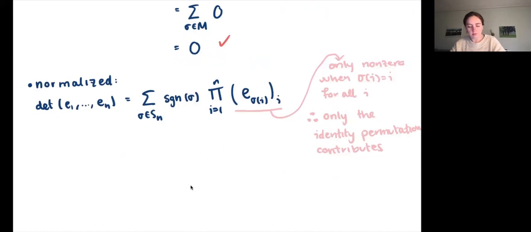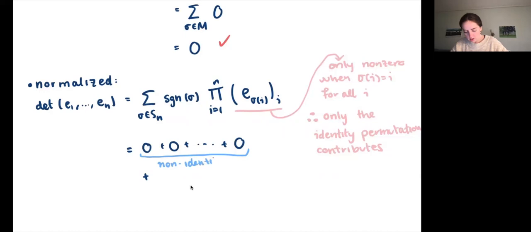So let's see. Most of the terms are zero, since these are all non-identity permutations. And then we get some contribution from the identity permutation, the one where sigma of i equals i as i goes from 1 up to n.